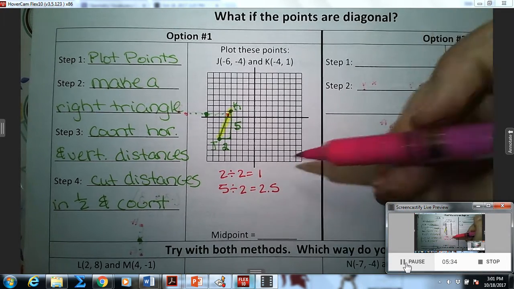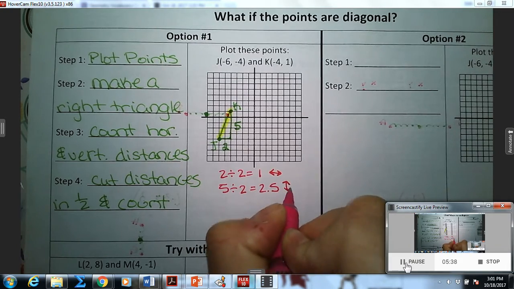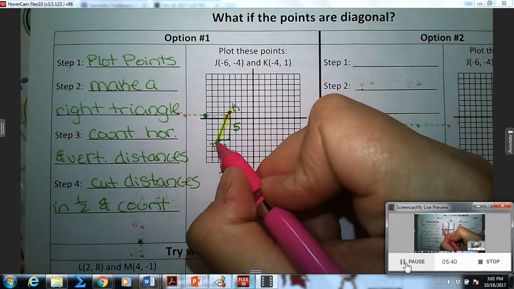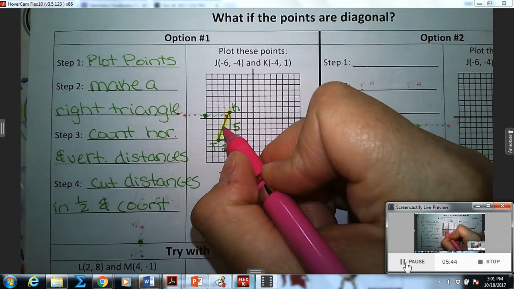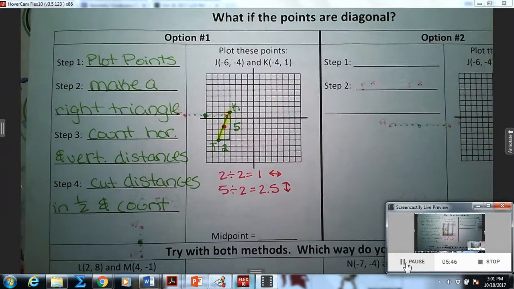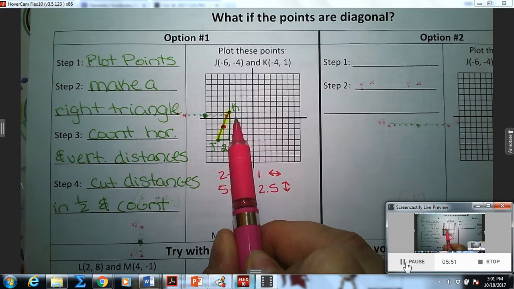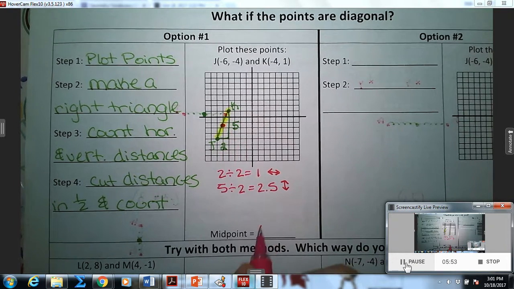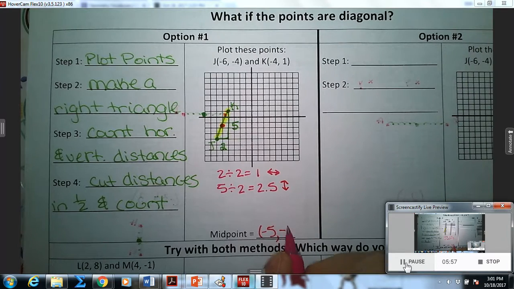So now I'm going to count a horizontal distance of 1 and a vertical distance of 2.5. Starting at J, go right 1 and up 2.5 to find the midpoint. This is the point negative 1, 2, 3, 4, 5, and down 1.5.